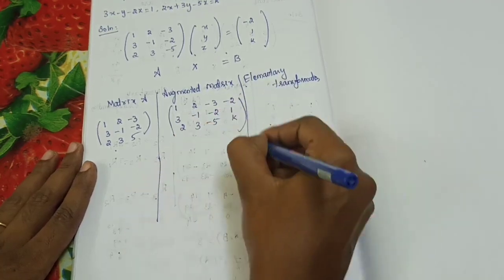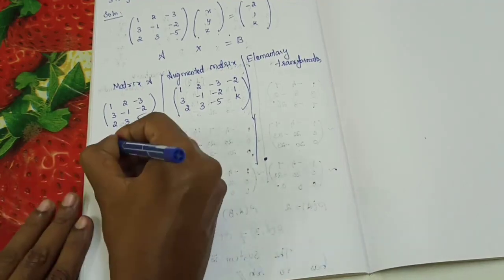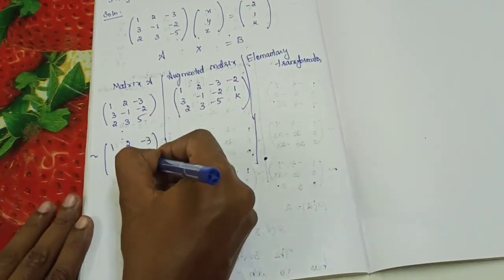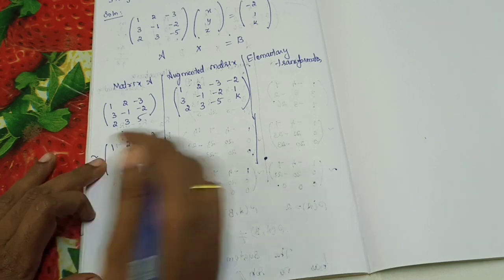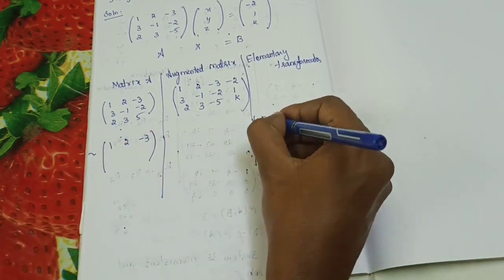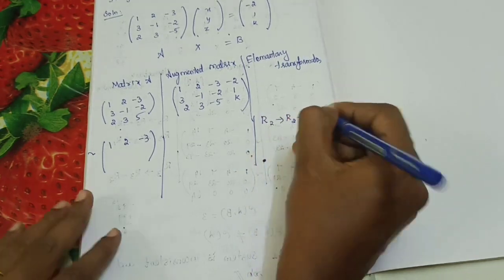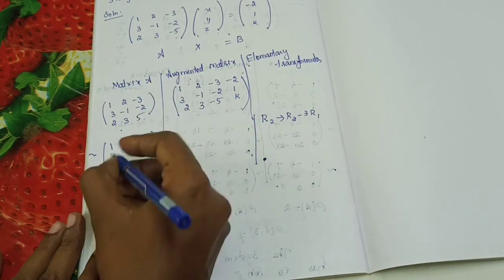Let's change. I'm not going to repeat, already you know. Equivalent to 1, 2, minus 3. We need to make this entry 0. So how will you change? R2 implies R2 minus 3 R1. Okay, change it, check it.